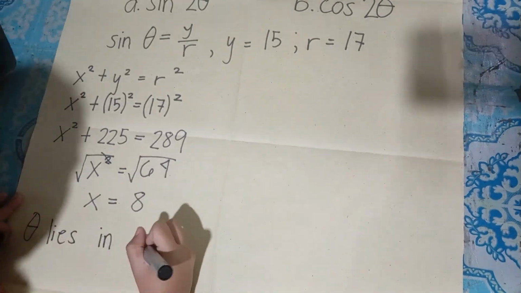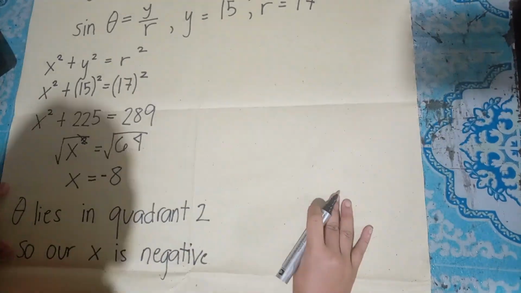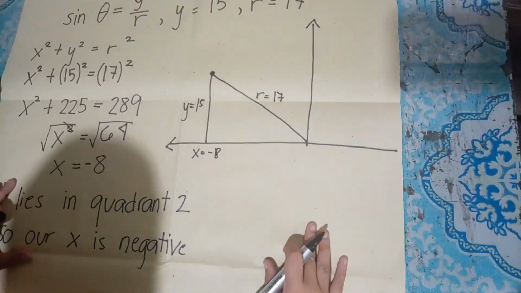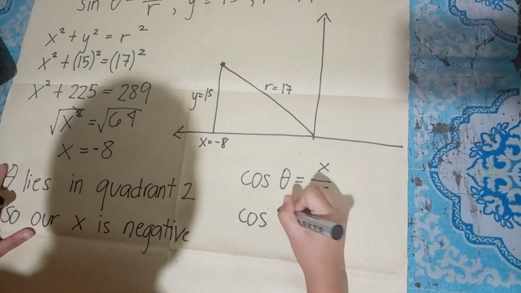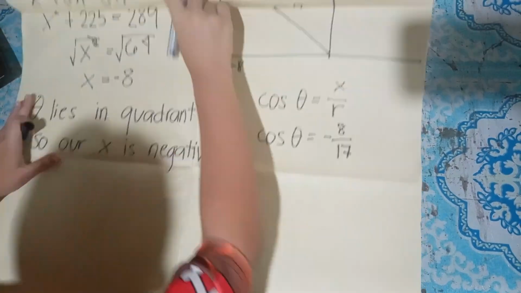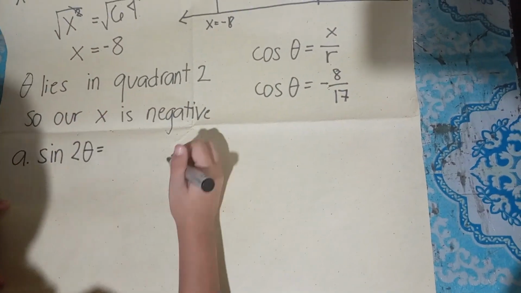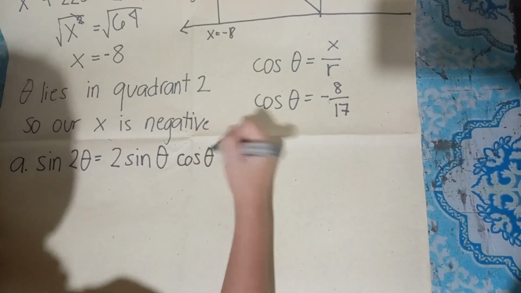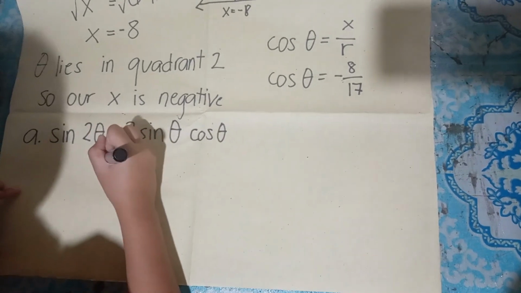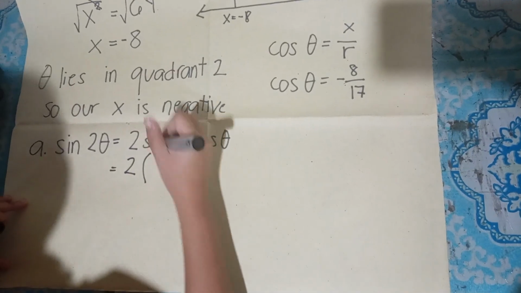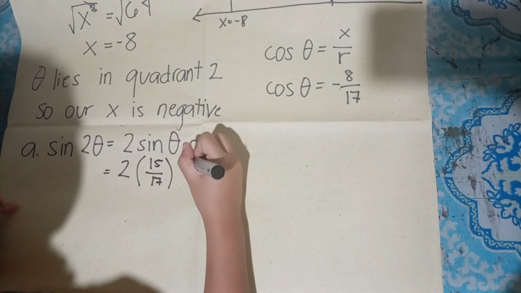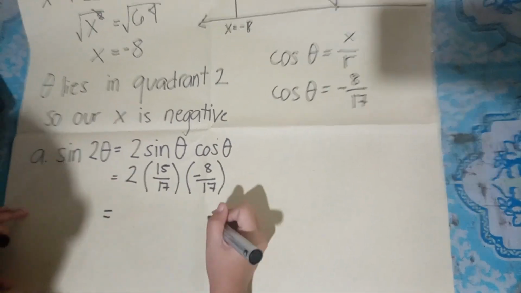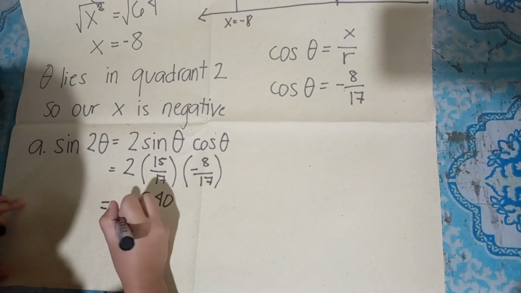Now that we have our values of x, y, and r, we can use this to find the required values. Since cosine theta is equal to x over r, this means that our cosine theta is negative 8 over 17. Now we can use this to find the sine 2 theta. By using the double angle formula, sine 2 theta is equal to 2 sine theta times cosine theta. Then substitute the values of sine theta and cosine theta.